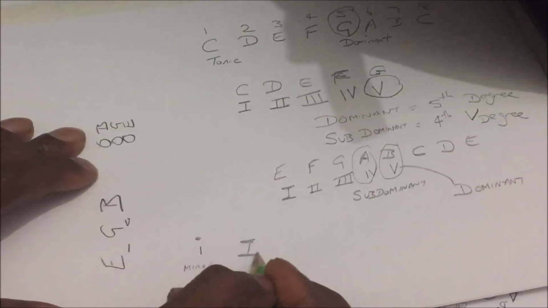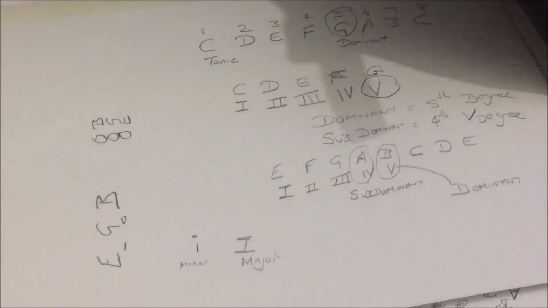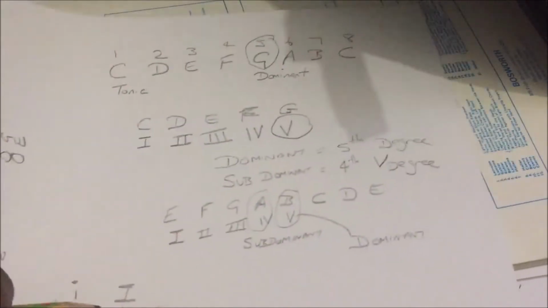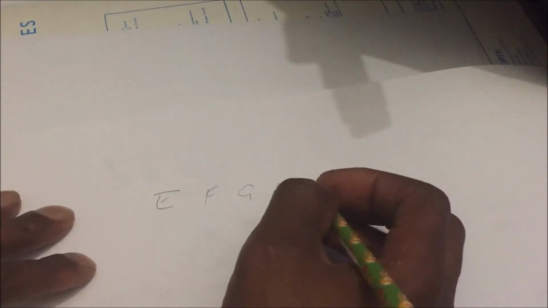Big I means major. So, the question is, in E minor, what is the dominant of E minor? It's actually the same as the dominant in E major.